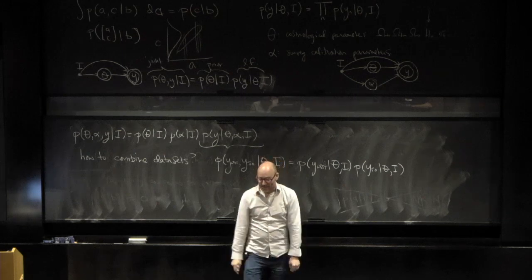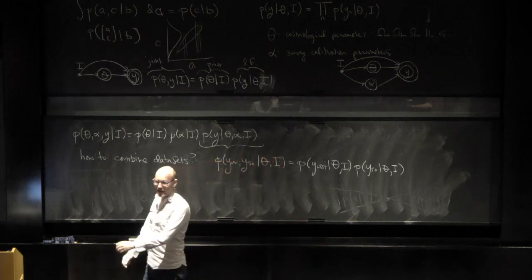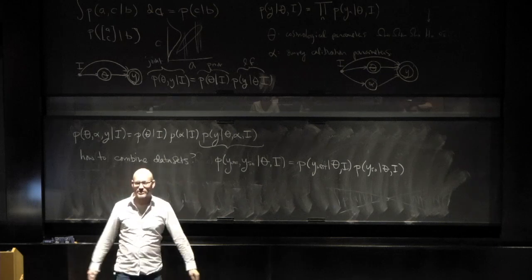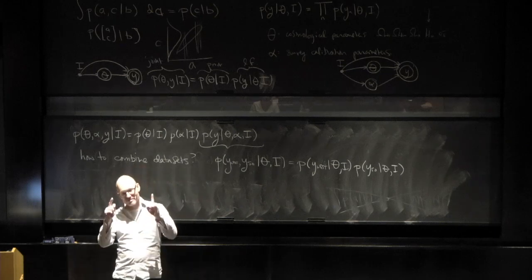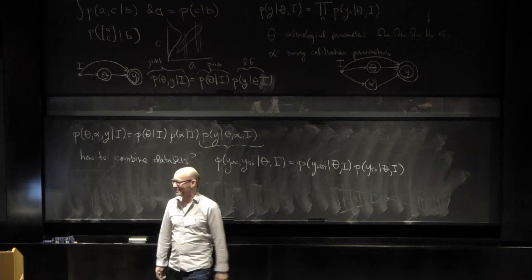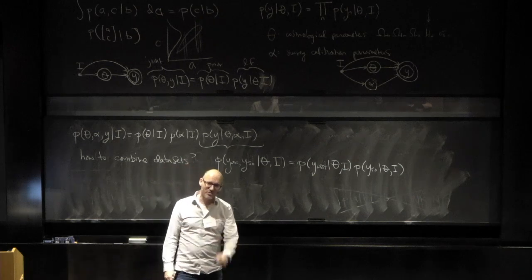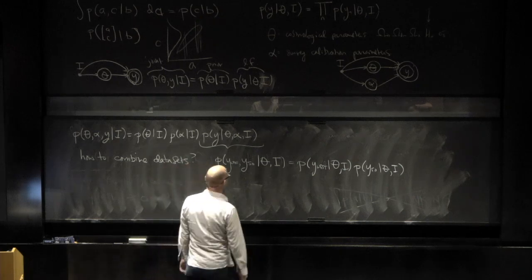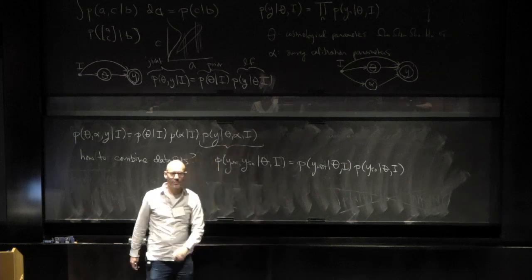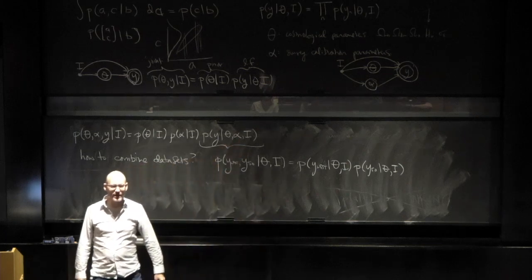It turns out yes, provided that these two surveys are sufficiently Bayesian. And this is the location where Bayes finally enters. Bayes enters because I need to get rid of these nuisance parameters from this expression.